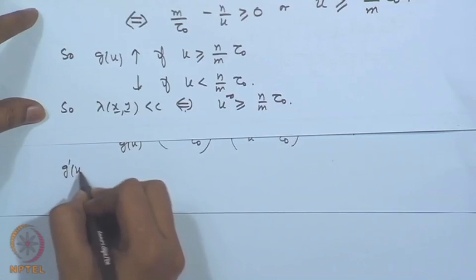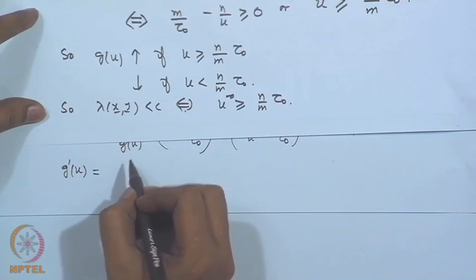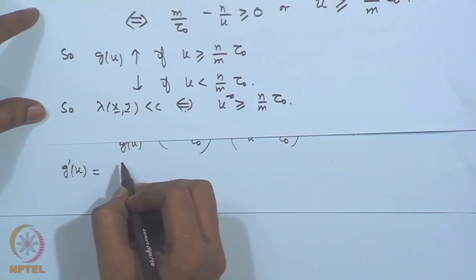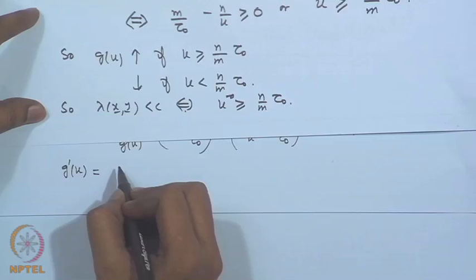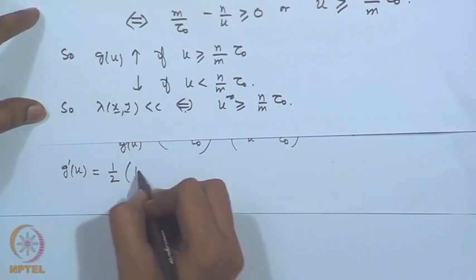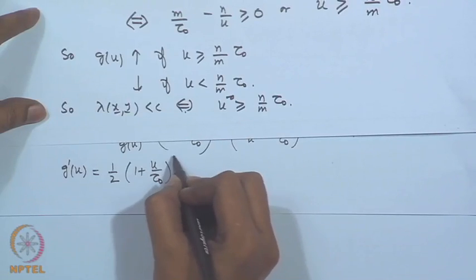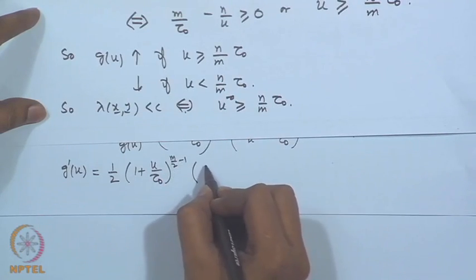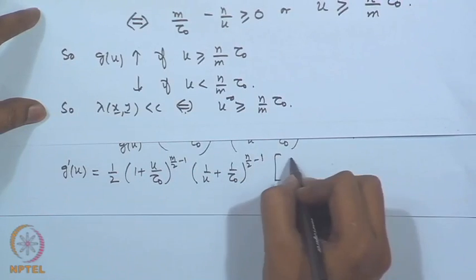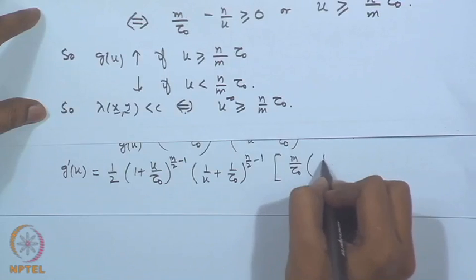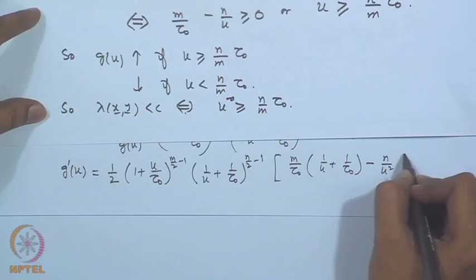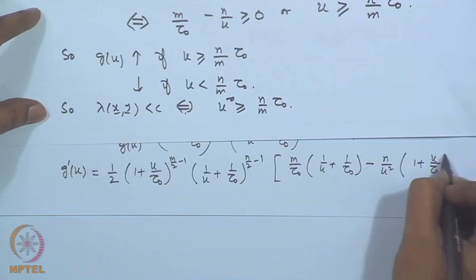We obtain G prime of u is equal to some term, which is half of (1 plus u by tau naught) to the power (m by 2 minus 1), (1 by u plus 1 by tau naught) to the power (n by 2 minus 1), times [m by tau naught into (1 by u plus 1 by tau naught) minus n by u square into (1 plus u by tau naught)].